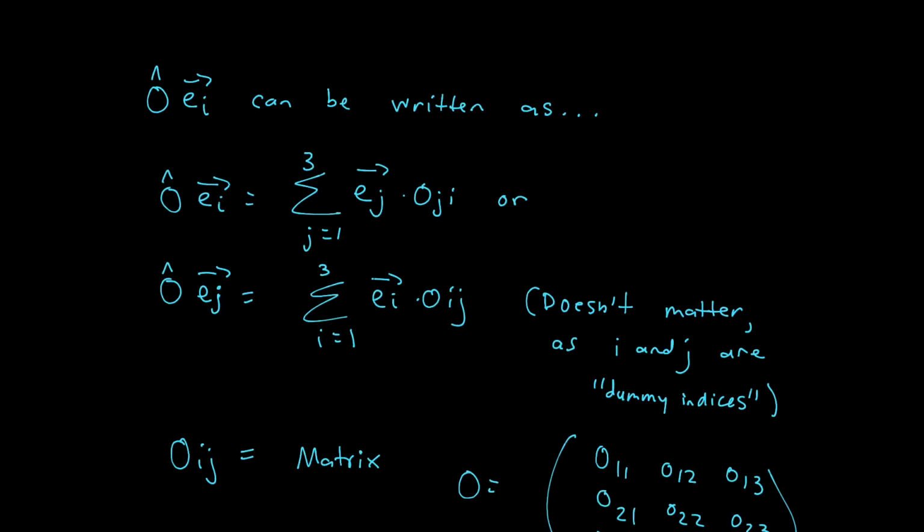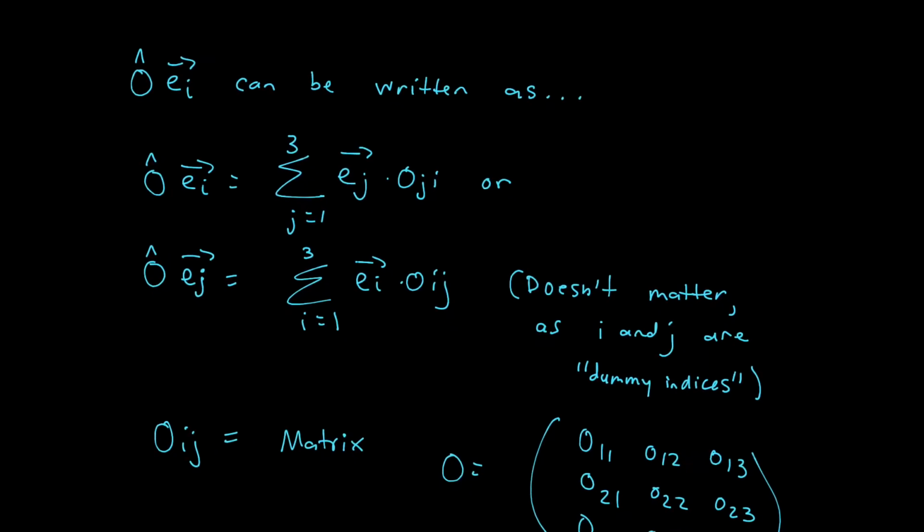Operators can be written as matrices, and when they are, operating an operator O on a basis vector e_i can be written as the sum over all j of e_j times O_ji, or if you operate that on e_j, it is the sum over all i of e_i times O_ij.